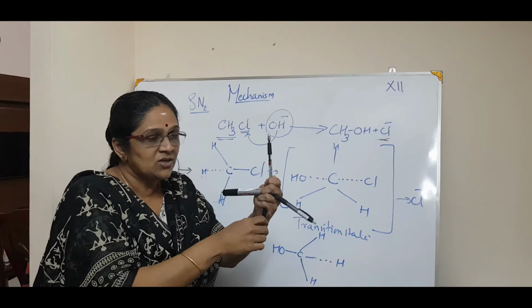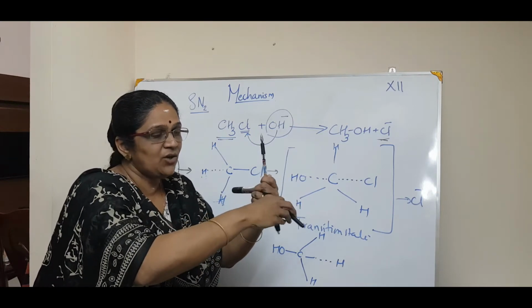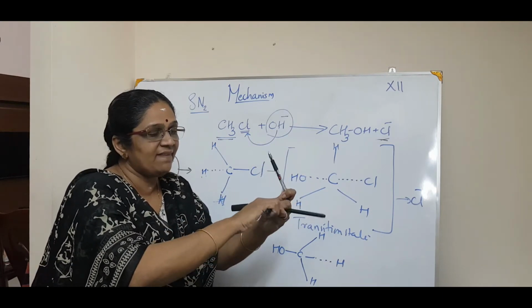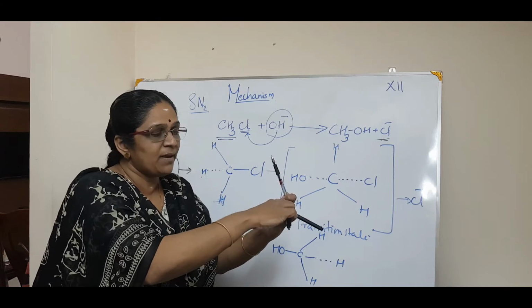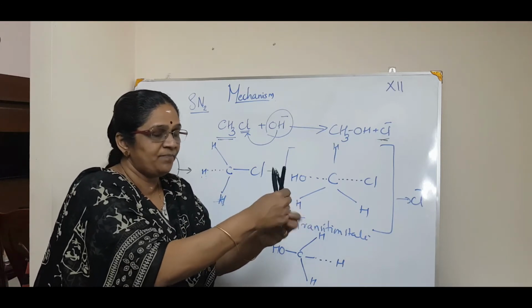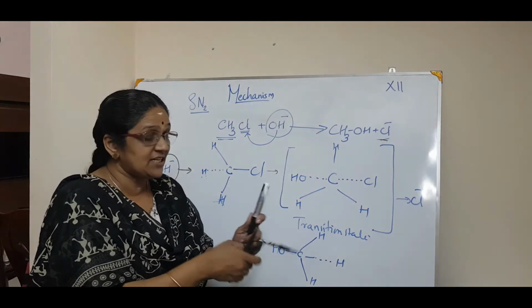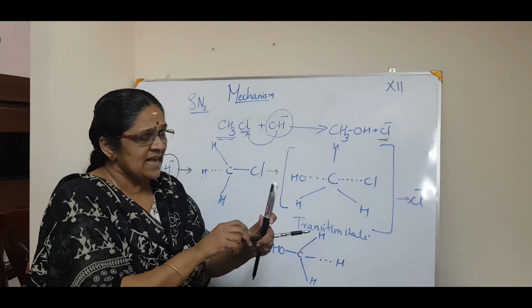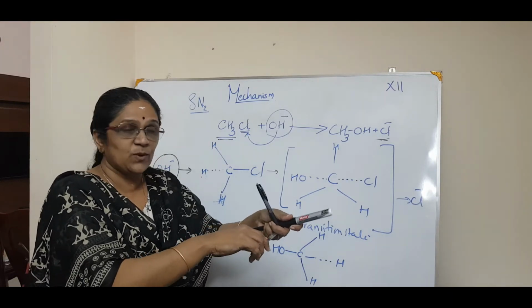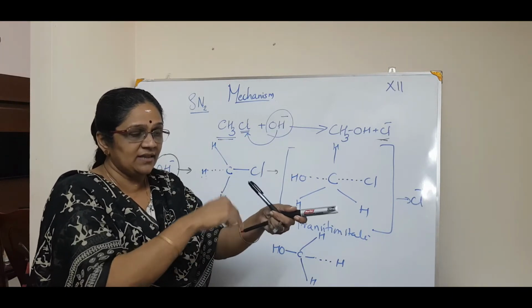and the new C-OH bond is being made. Can you see any difference in the geometry of the making of this C-OH bond? This was the Cl geometry, that is three, this thing and this.